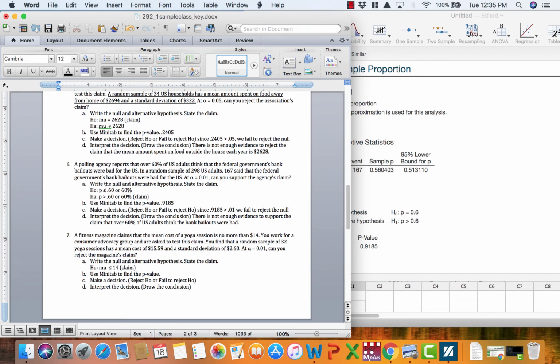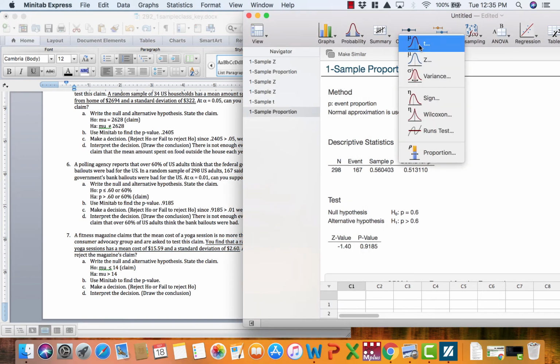That's the claim because that's what we're reading, which means the alternative is mu greater than 14. All right, so is this going to be a Z or T test? Notice here that we have a sentence describing the sample that includes the sample mean and the sample standard deviation. So this is going to be T.